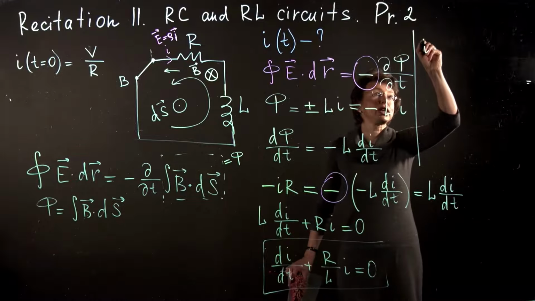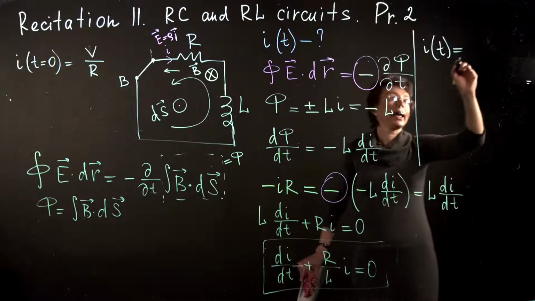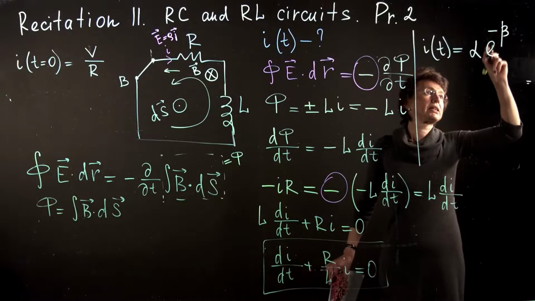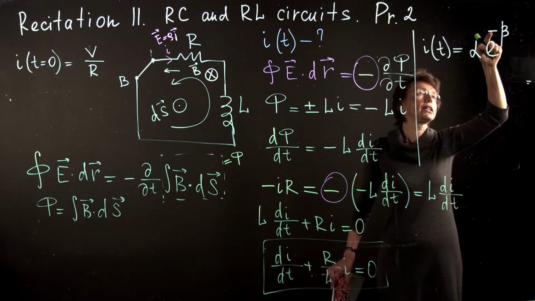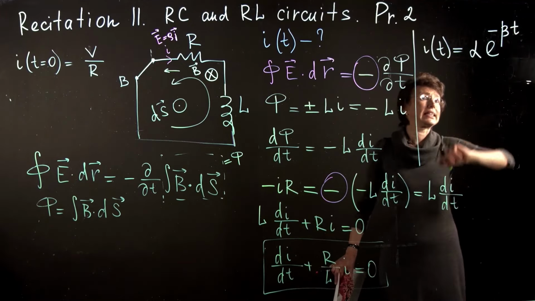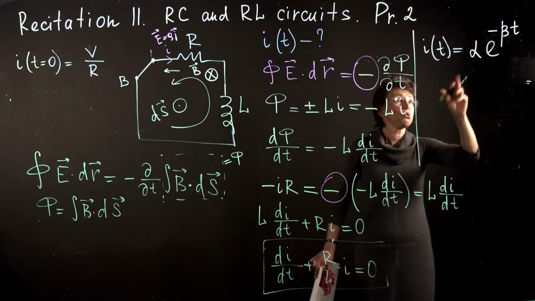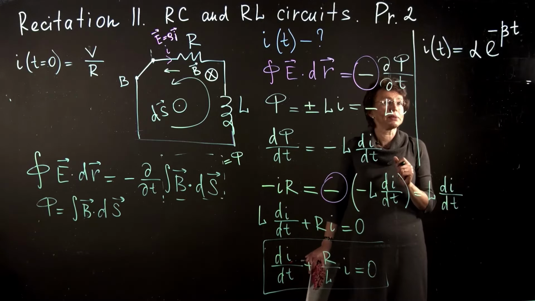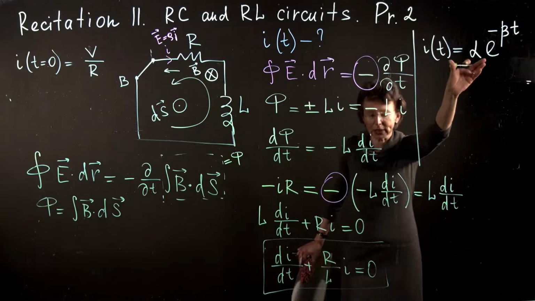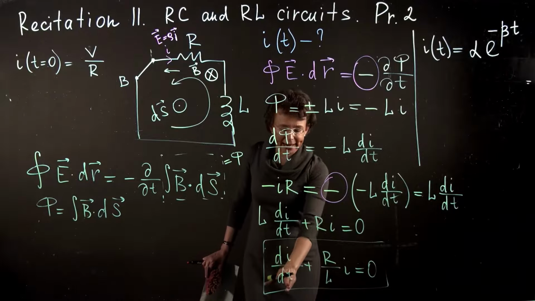And it will be an educated guess. I'm looking for my solution as alpha, that is an unknown constant, times exponential function to minus, this minus is crucial, minus beta, unknown constant, beta t. I need now to find alpha and beta. First of all, I will find beta. How to find beta? I take my guess, my solution for current, and I bring it back into my equation, which means that I need to find di dt.